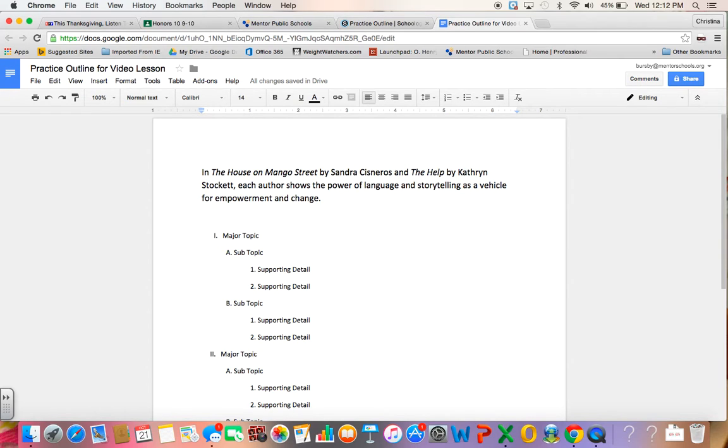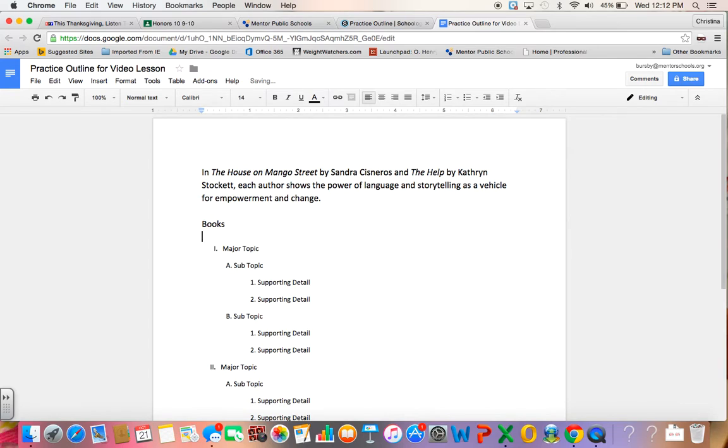Okay, so the first way that you can do this is you can organize this outline by having your major topics as books. Okay, this will allow you to talk about the 2 different books in a way that is well organized, because you're going to talk about one book and then you're going to talk about another book. Okay, another way you could organize this, and hopefully you thought of it, was by characters. Okay.